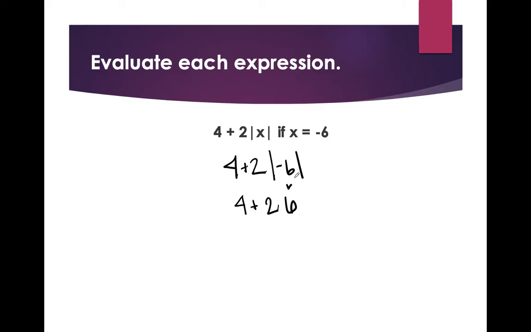So the absolute value of -6 is 6, and then what comes between these two is multiplication. So in the original problem, there's nothing between the 2 and the absolute value bar, which is the same as multiplying. And we do 2 times 6, which is 12, and 4 plus 12, which is 16.